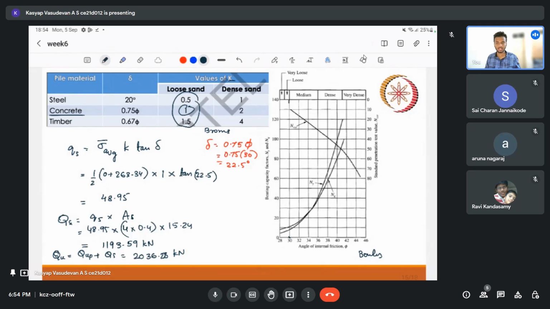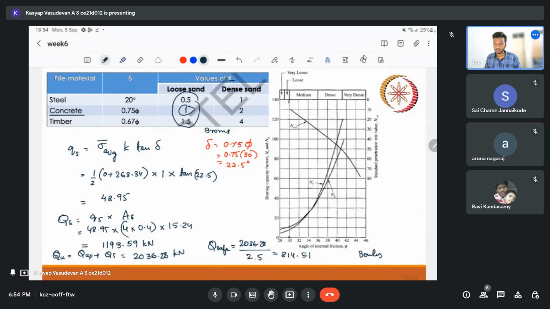This is our pile capacity, 2036 kilonewton. So what will be the safe pile capacity? Q safe will be equal to, if we are taking 2.5 as the safety factor, 2036.28 divided by 2.5. This will be equal to 814.51.